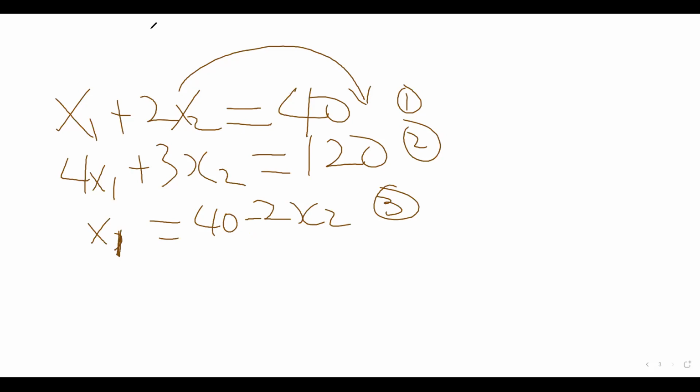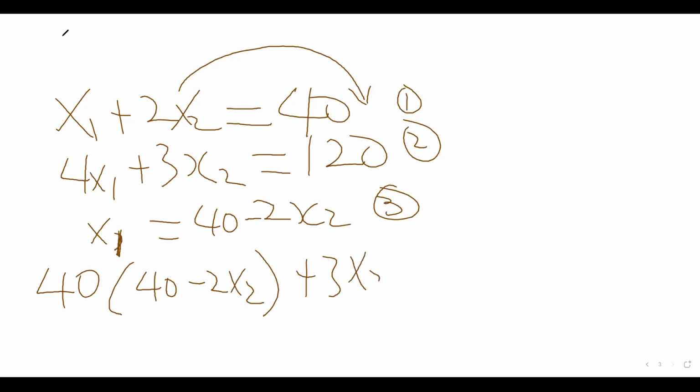Yes, Morrison, your hand is up again. All right. So you're going to rewrite it as 4, and instead of x1, you will substitute the information for x1 into bracket, 4 into bracket 40 minus 2x2 close bracket plus 3x2 equal to 120.